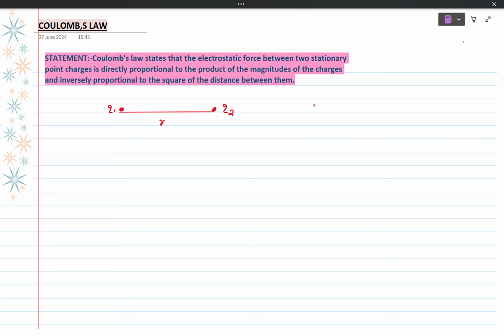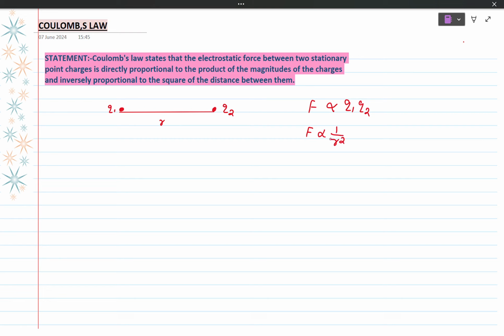Mathematically, the force F is directly proportional to Q1 Q2, and inversely proportional to the square of the distance between them. Here the two charges are separated by a distance r, so we can express it as F inversely proportional to r square.